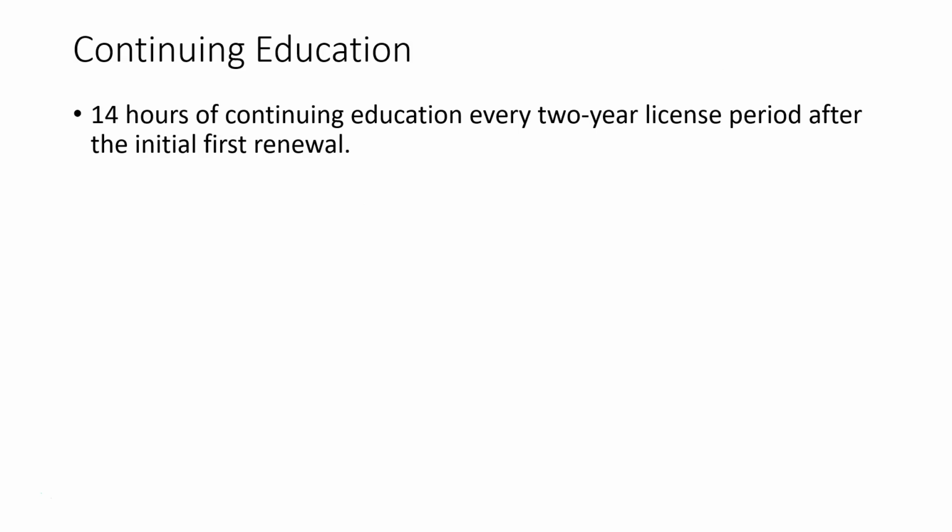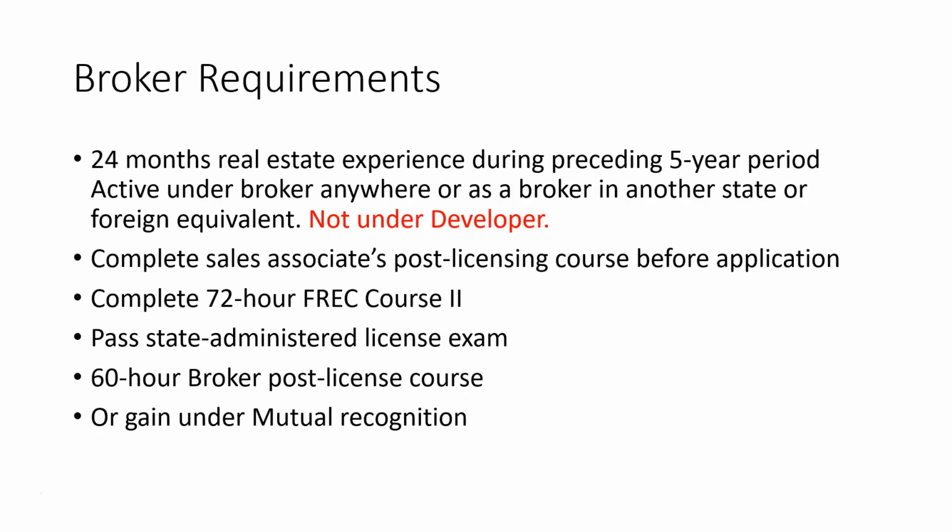Then after that, 14 hours of continuing education are required every 2 years for your license period after the initial first renewal. If you wish to become a broker, you have to be an active broker for at least 24 months under a broker within the last 5 years. But this does not count if you are working under a developer.